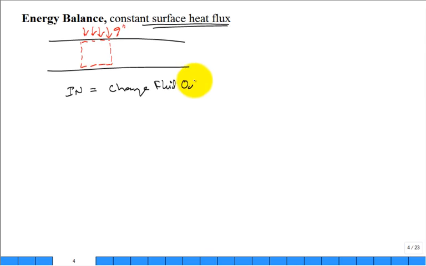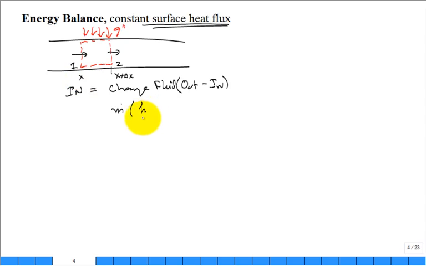The change in the fluid, out minus in. So you can go back to first law, you can think about your thermo 1 energy balance, and you would have some mass flow rate, you have the enthalpy, I'm going to call it at x plus delta x, or you could call that state 2, state 1 at x.